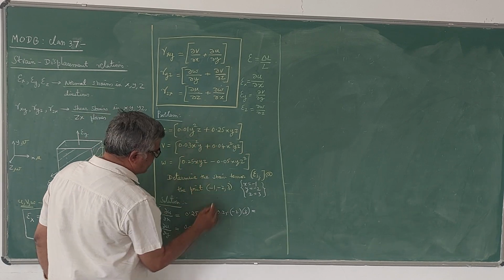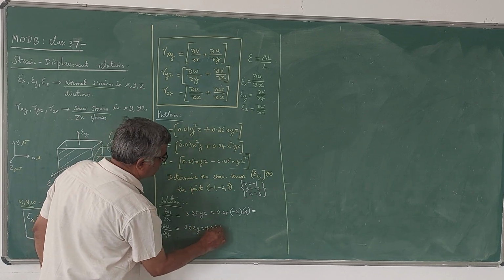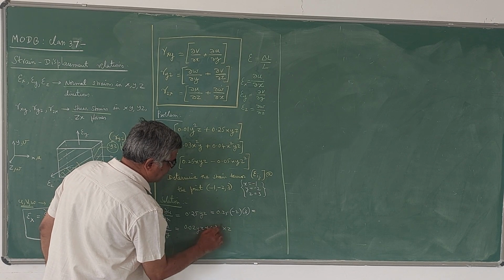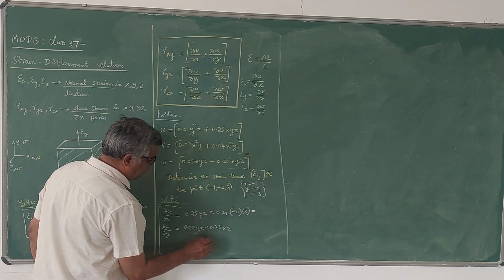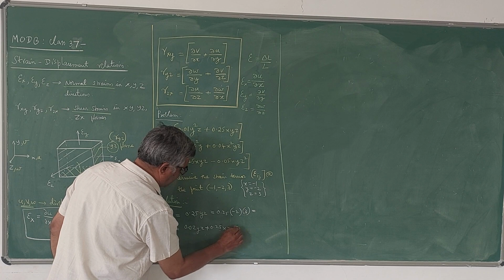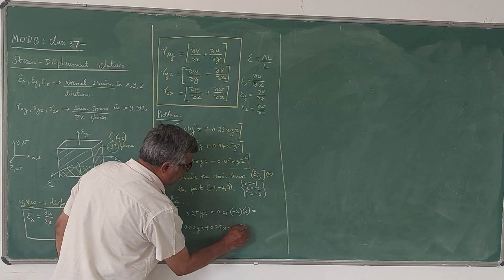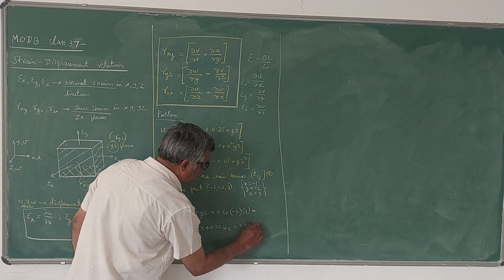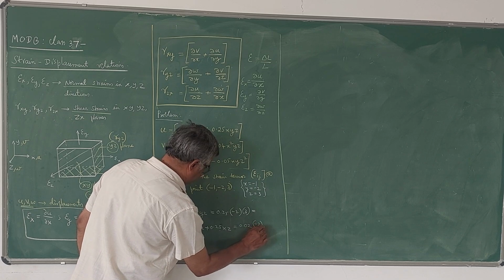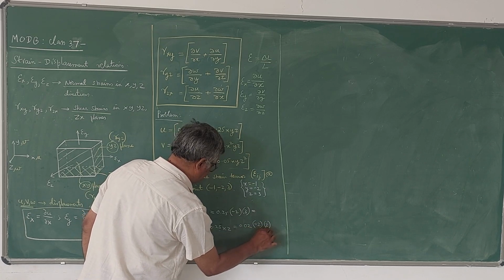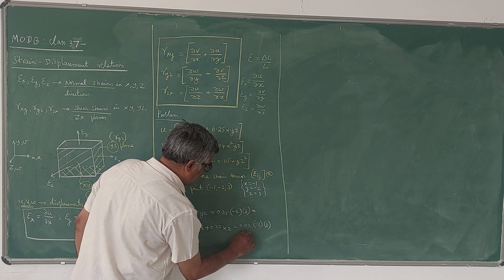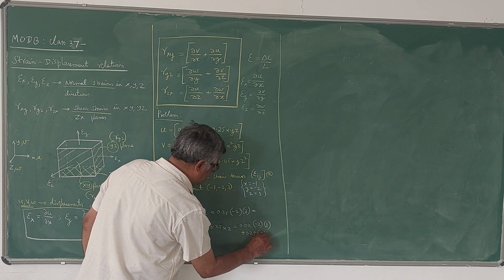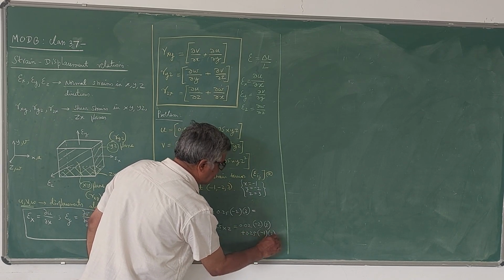Next here plus 0.25 xz. If you simplify this, if you substitute for x, y, z, you get 0.02 into y is -2, z is 3, plus 0.25 into x is -1, z is 3.